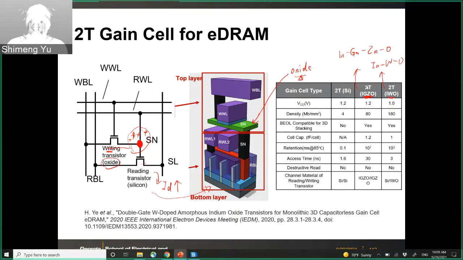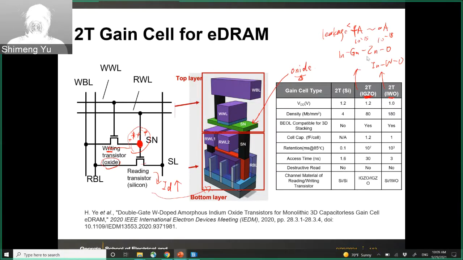The leakage current can be like femtoamps, approaching the leakage of standalone DRAM access transistors, even less than that, femtoamp to attoamp. So this is 10 to the minus 15, this is 10 to the minus 18. So you may have very low leakage through those oxide channel transistors.